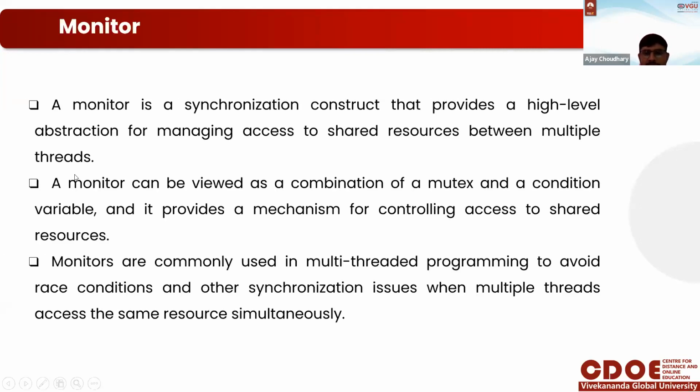We also learned, okay. Then the monitor. We already learned what a monitor is. Monitor is likewise a watching situation. We are monitoring all these kinds of problems, in that way. A monitor is a synchronization construct that provides a high level abstraction.